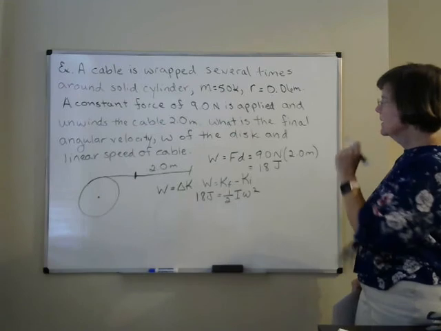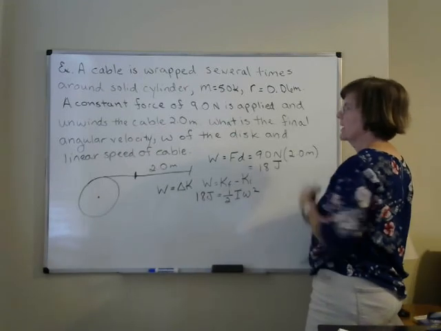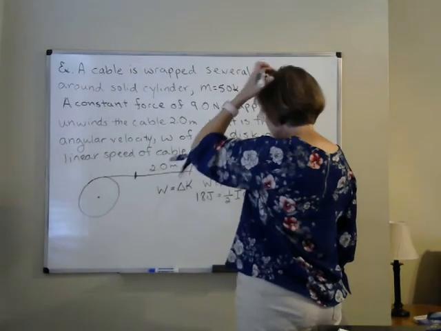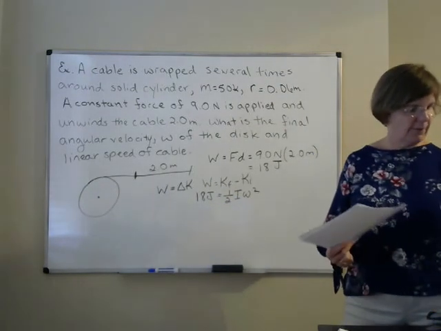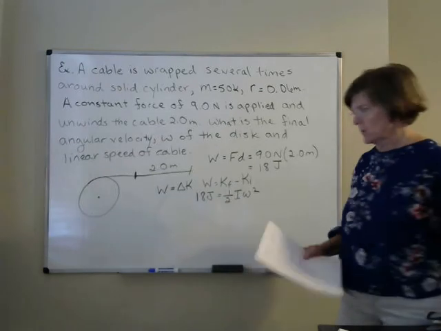I need to get this, and I can solve for that. What's the moment of inertia? I have to look that up. It tells me in my previous page that for a disk, a solid cylinder, it's 1/2 mr squared.